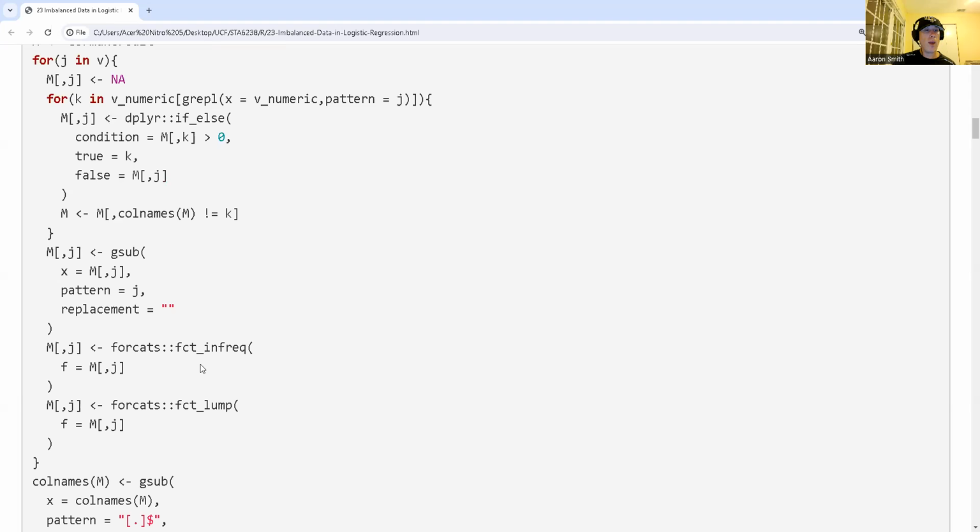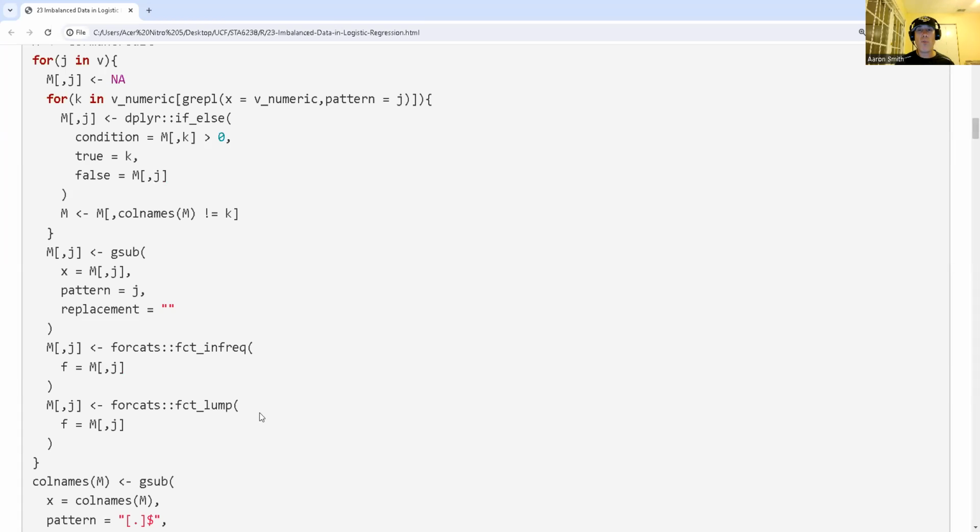Here I'm setting it up so that categorical variables are ordered by frequency. It determines the frequency of the factor, so the most frequent one is first, the second most frequent is second, and so on. And then I'm going to lump all the sparse values together into other.